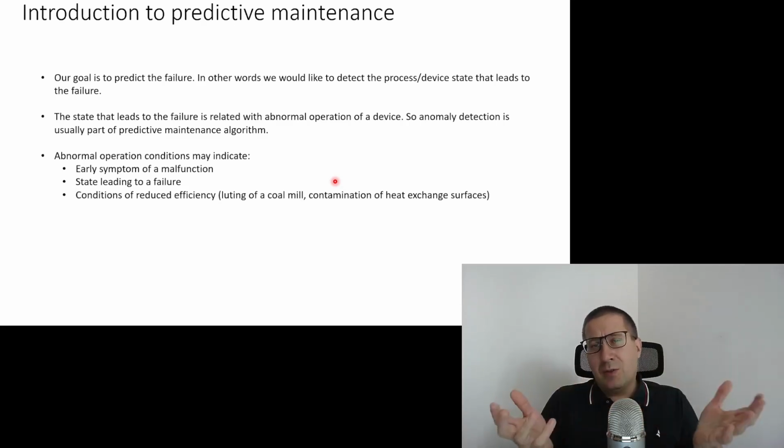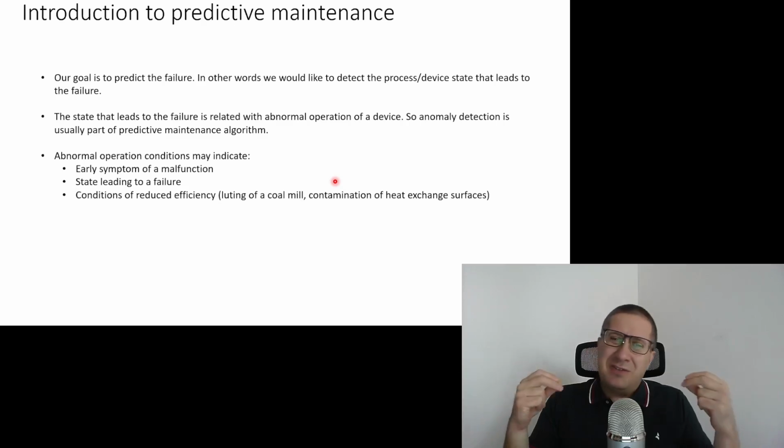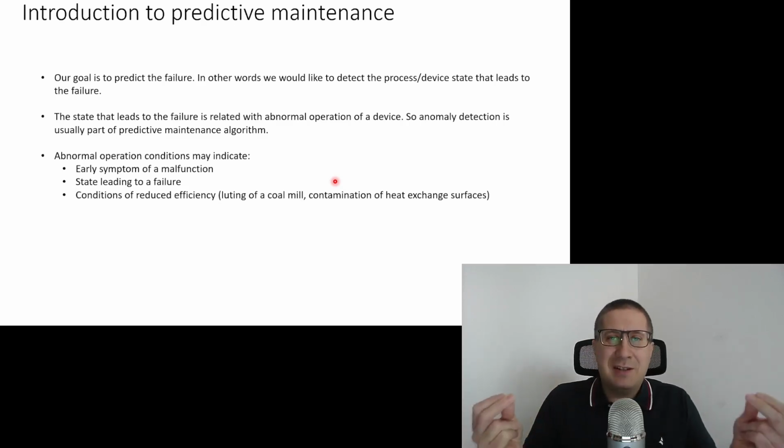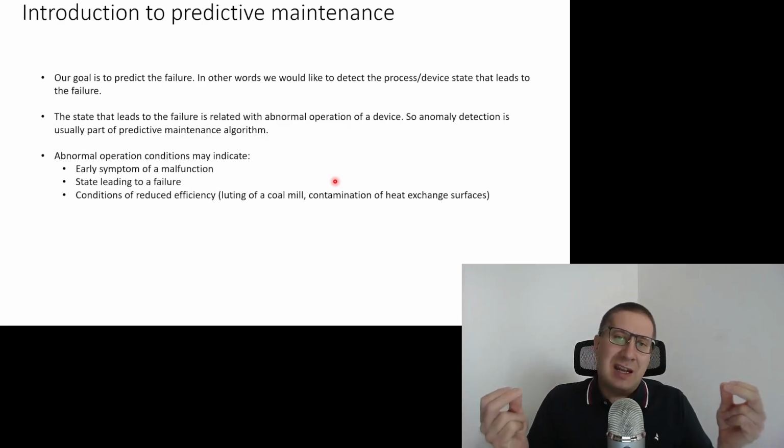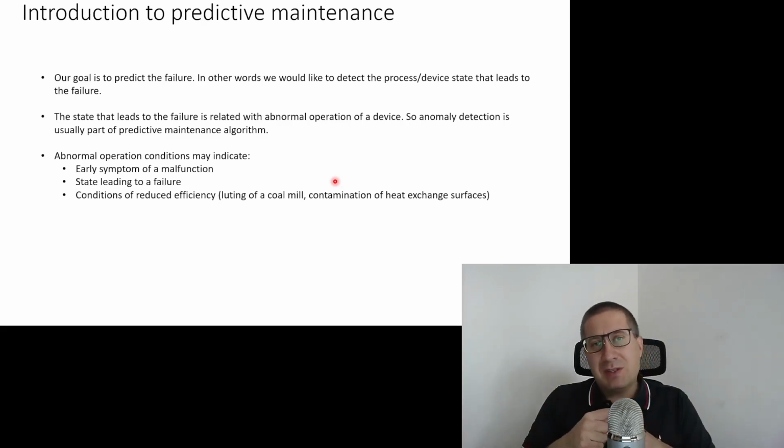And I think it's also worth detecting such states. It's not a failure, but we would like to detect that the device operates with reduced efficiency, because we can take the action that will help to improve this efficiency.